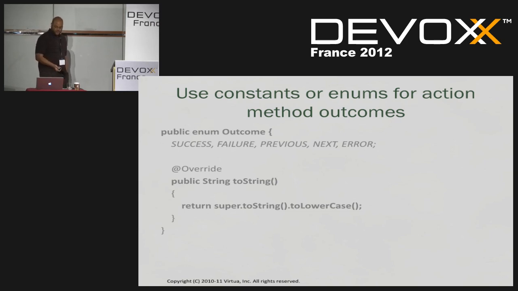Okay. So here's an example. We have an enum. It's called Outcome. You have success, failure, previous, next, error. Okay, and it's helpful to have a method like this to override toString, so it's always lowercase, 'cause by default, it'll be uppercase. Or you can just make the enum values lowercase if you want. It's fine.